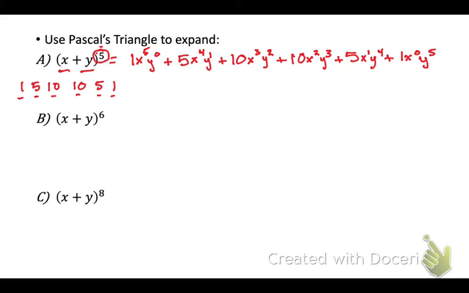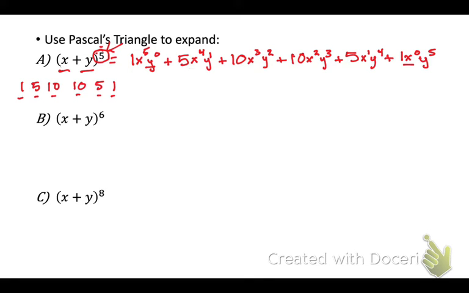So they should always add up to whatever that degree is. In this case, 5. Yes? Okay. One goes up, the other one goes down. What is y to the 0? 1. So it's not going to change anything, right? What is x to the 0? 1.